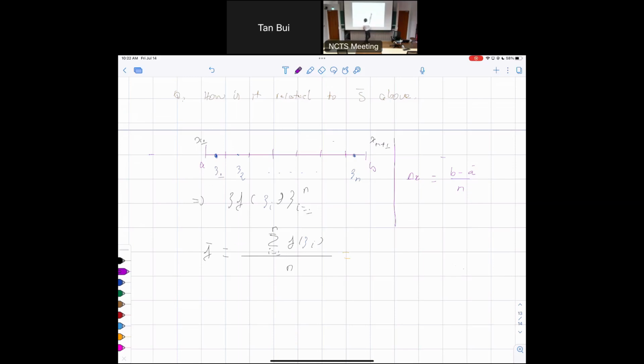I'm going to use the definition of delta x there, and sneak in delta x by dividing and multiplying by 1 over b minus a. So then I have the sum of f of ci delta x, i from 1 to n.